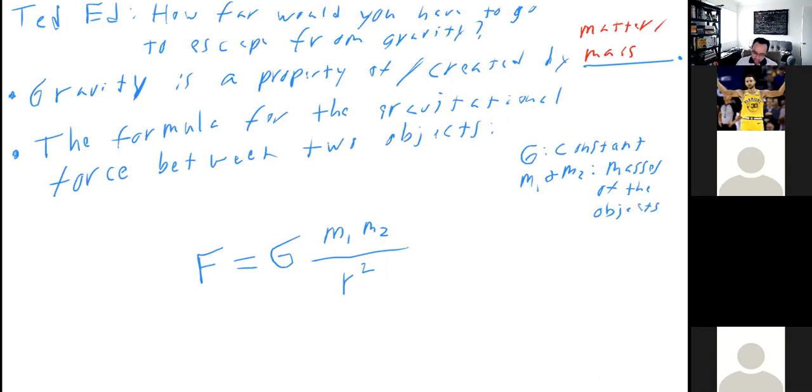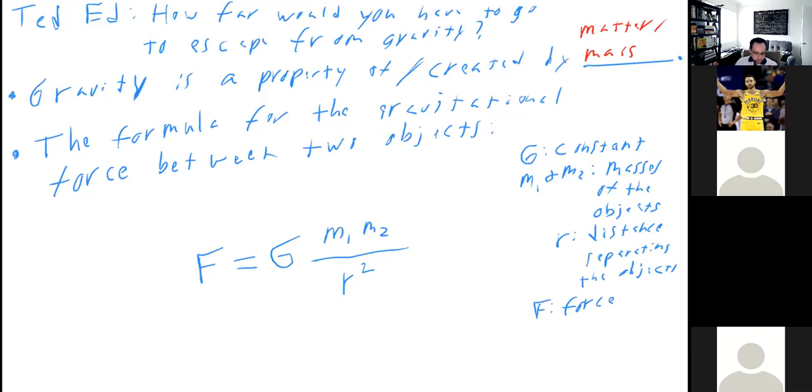And then R is the distance separating the objects. And it's really the distance separating their centers of mass, to be specific. And then F, of course, is the force.